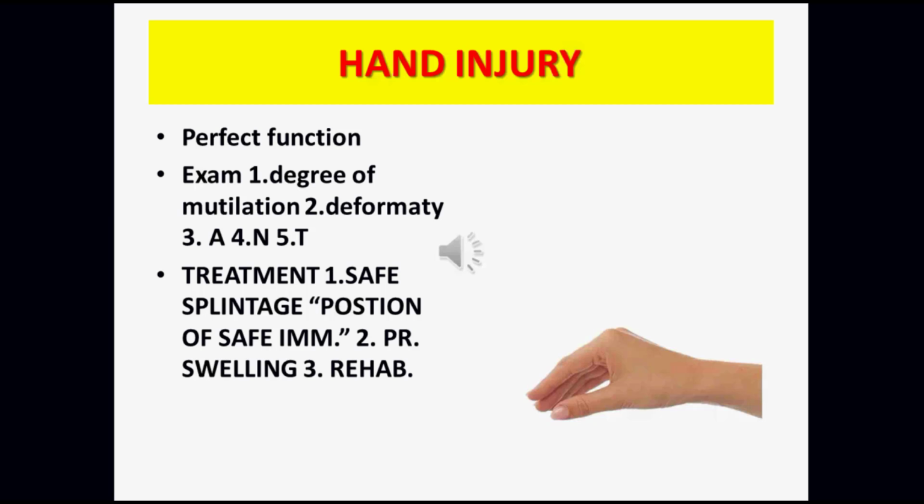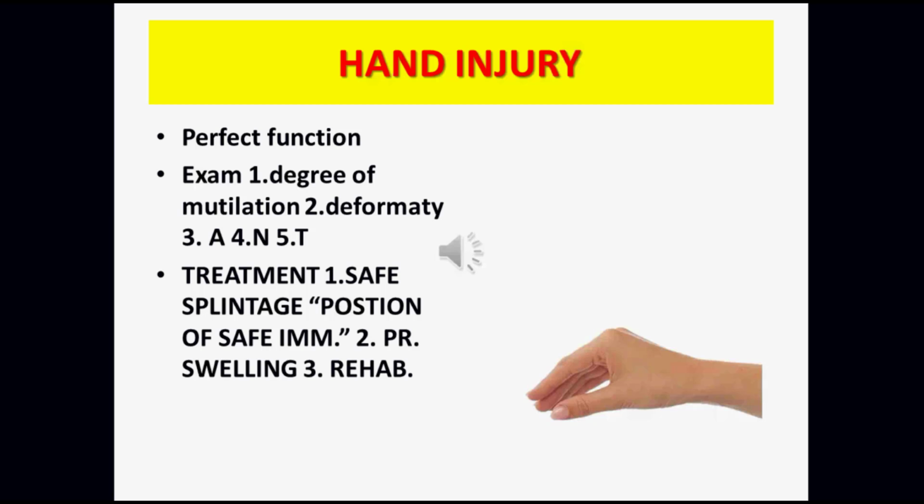When we manage a hand injury, the returning of perfect function of the hand has a special priority because the hand is a mobile structure. It has many movements, and any decrease in the range of movement or loss of movement will impair the function of the hand severely.